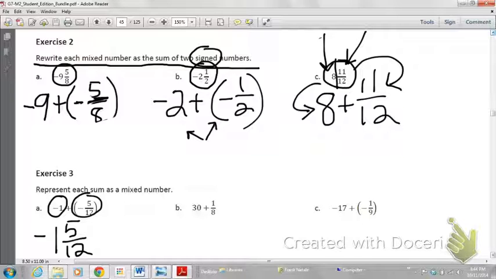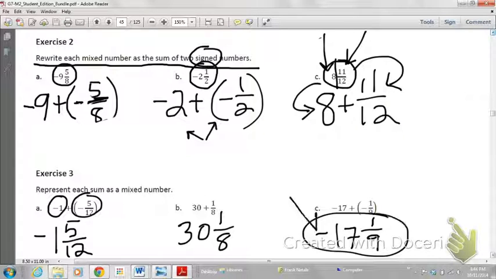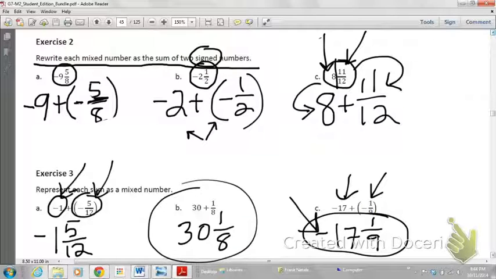All right. 30 plus 1/8, easy peasy. 30 and 1/8, and then again -17 and 1/9. Okay, that's all you need to do. That negative sign in the front applies to both pieces, the -17 and the -1/9. Okay, as is the case here as well. And with positive numbers, we need no signs. Okie doke.